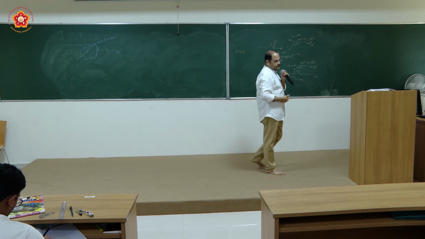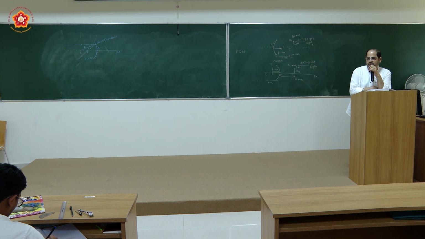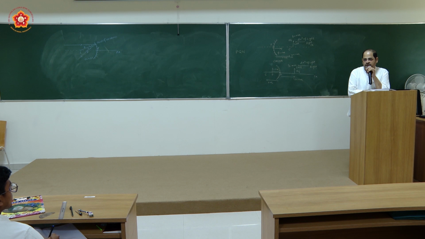Now you can check whether it is true or not. Have I measured the angle here? I have not measured it. But if you draw it properly, for example, if you are having a rounder, do you know what a rounder is?